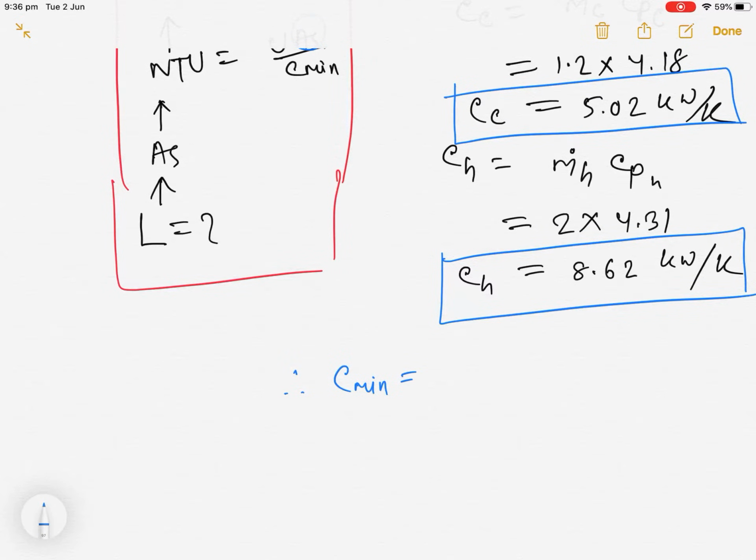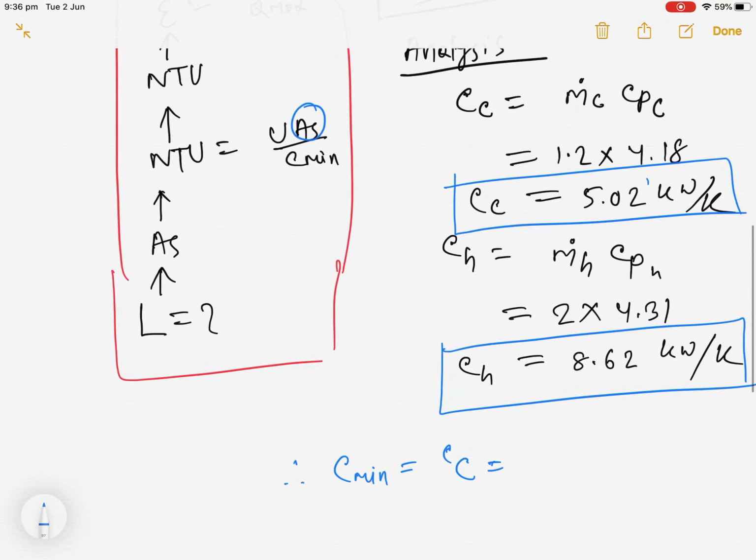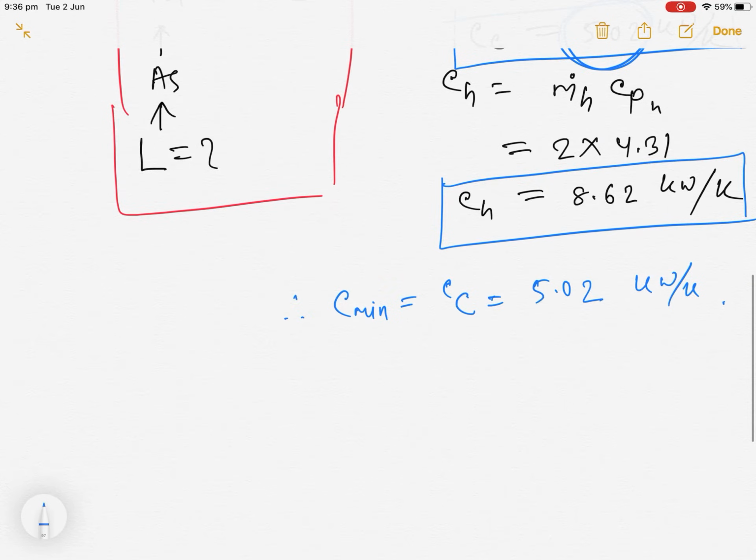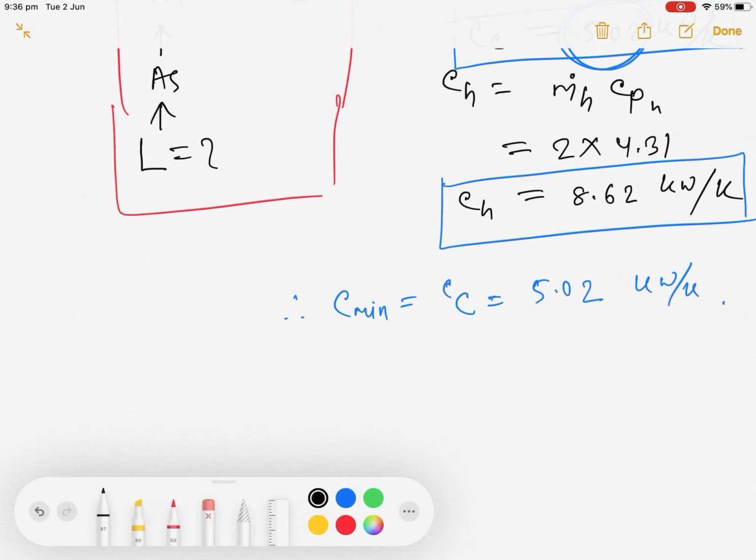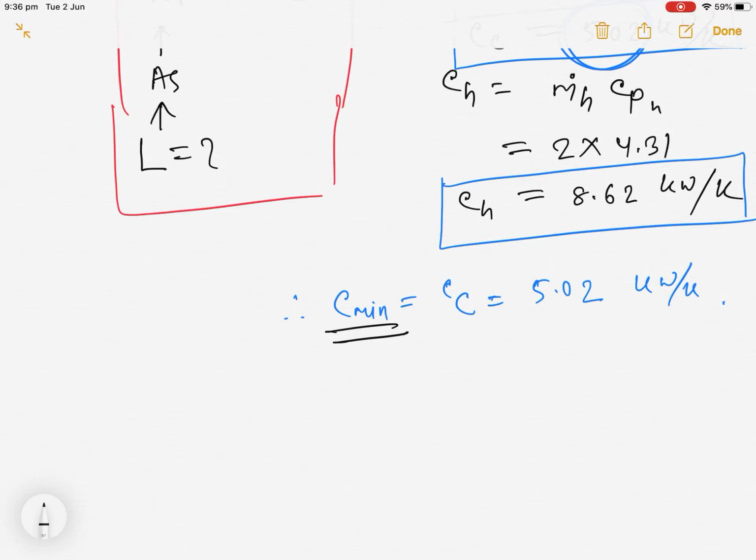And from these two values, what we can write down, guys, is Cmin, that means the minimum capacity value between these, which is Cc. Yes, Cmin is the cold fluid capacity rate, 5.02 kilowatt per Kelvin. We need this one when we calculate the maximum possible heat transfer rate.